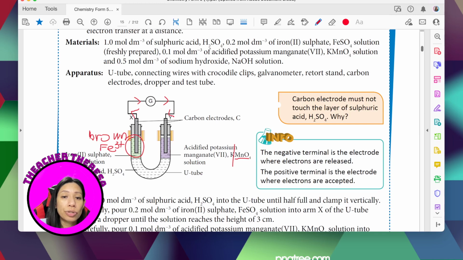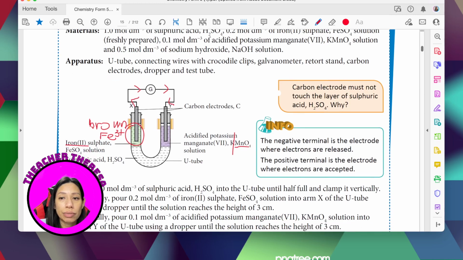So you need to be specific about which ion is going to receive and donate electrons. How do we know? We have to know the function of the substance. Normally iron(II) becomes iron(III); if we have iron(III), it normally becomes iron(II). And potassium manganate or potassium dichromate will always be the oxidizing agent.